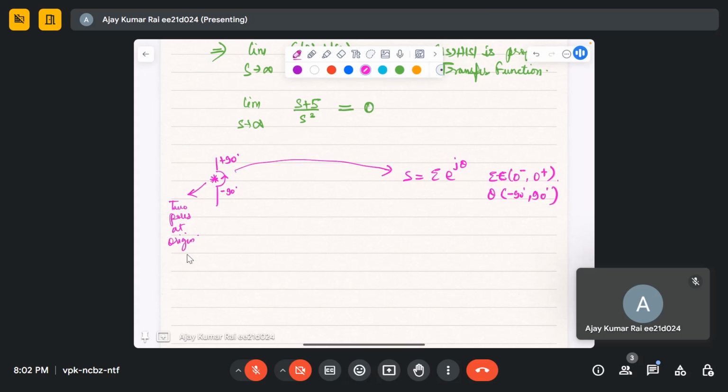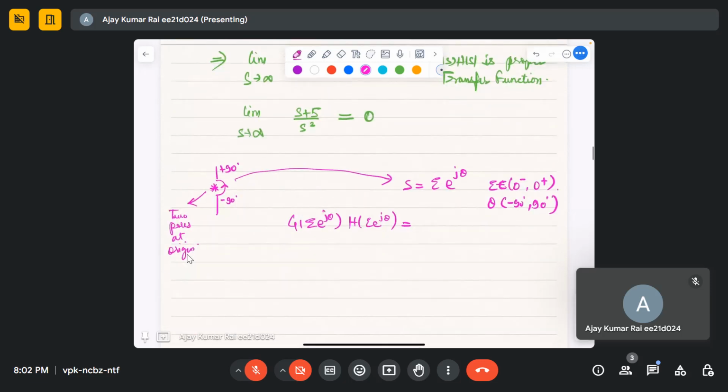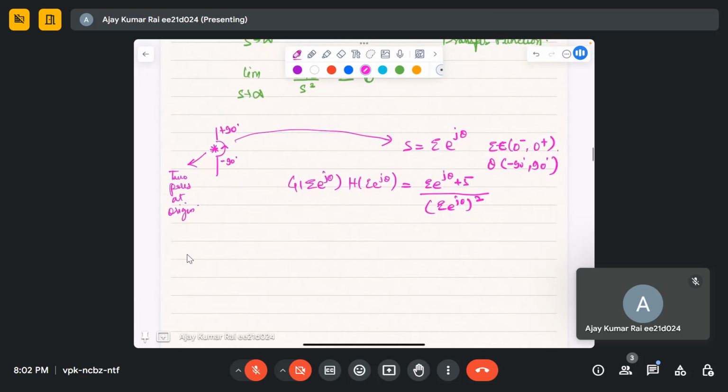So let's put this in G(s)H(s) and find out what it is. If you put this, you'll get s plus 5 in the numerator, and in the denominator you have a square.